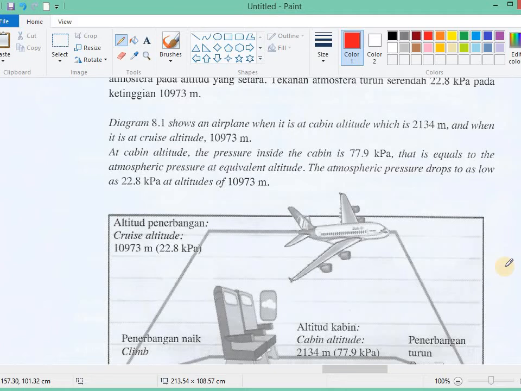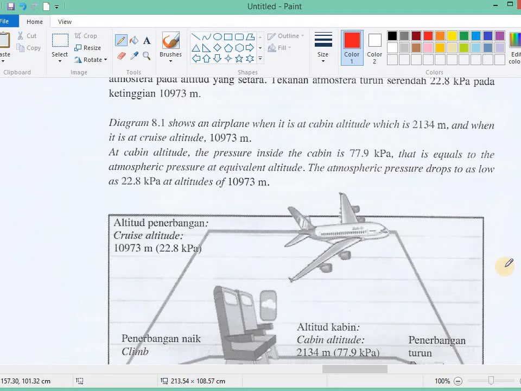At cabin altitude, the pressure inside the cabin is 77.9 kilopascal. That is equal to the atmospheric pressure at the equivalent altitude. The atmospheric pressure dropped to as low as 22.8 kilopascal at an altitude of 10,973.